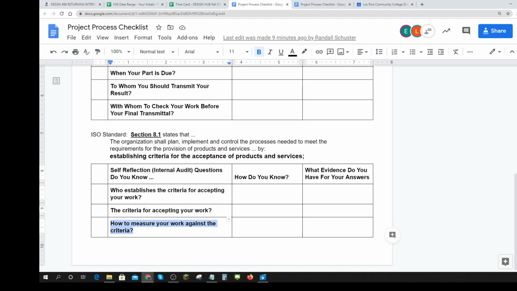So this part, I'll tell you, what you write down here is so dependent on what industry you're in, what your project is, the scale of your project, what's the risk if you get it wrong? Look, in the Design Hub, what's the risk if we got it wrong? Nothing. All we're doing is working to make something that exists a little bit better.